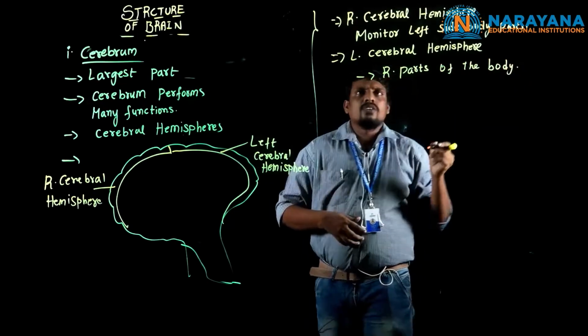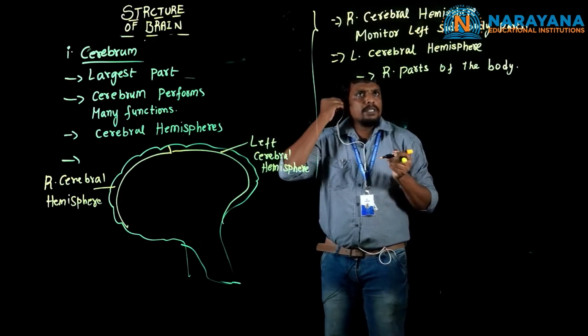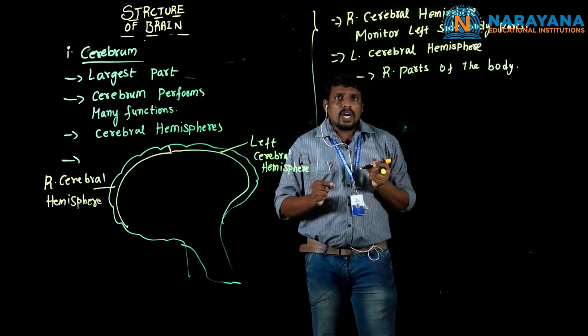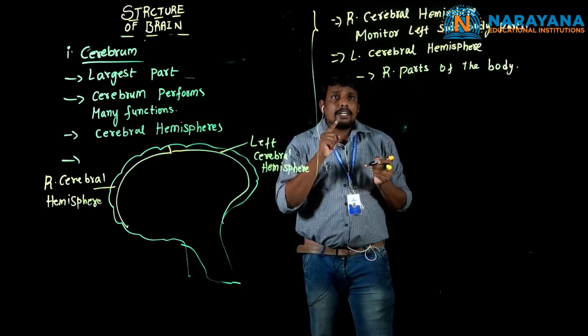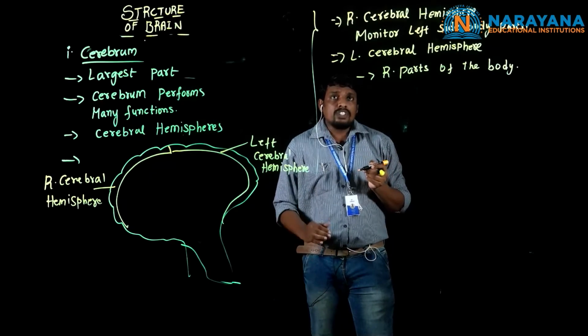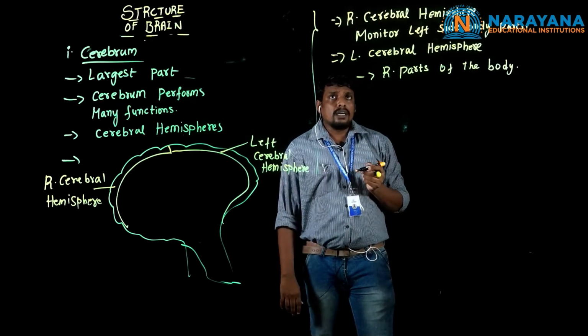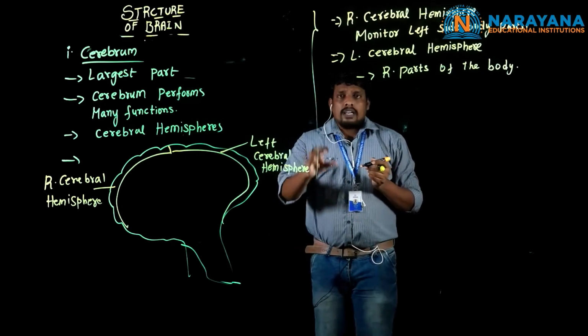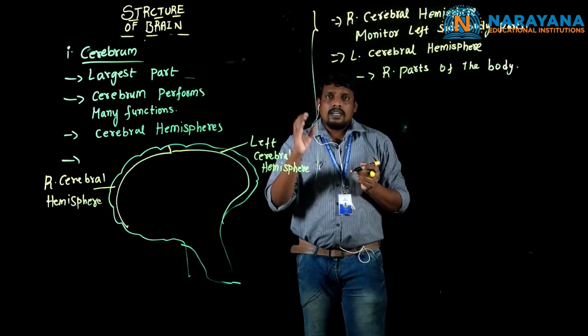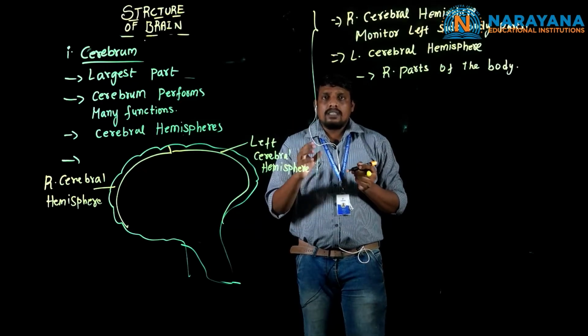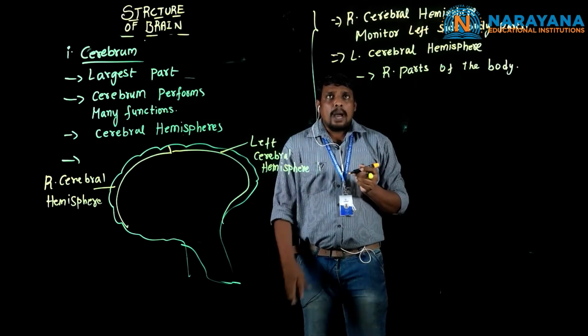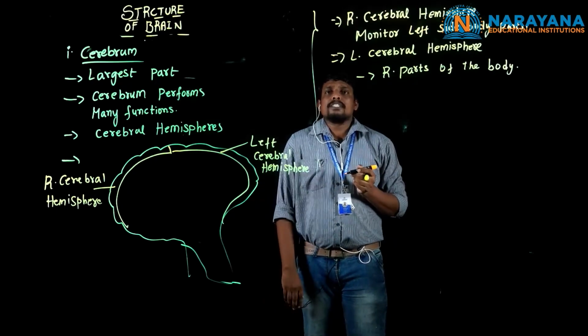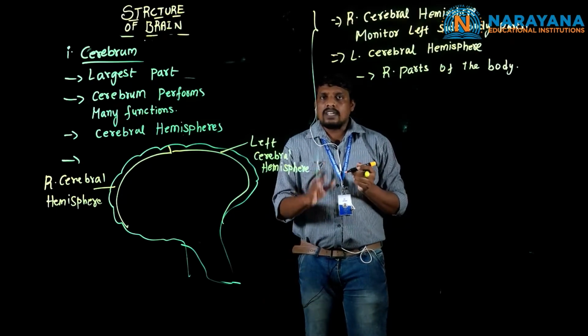The nerves originating from the left cerebral hemisphere are connected with right side body parts. Clear? Apart from this, cerebrum does many functions.